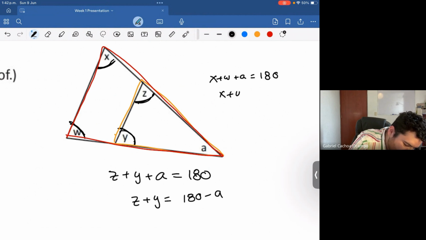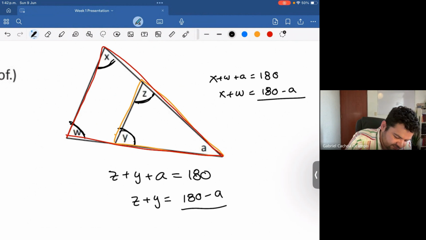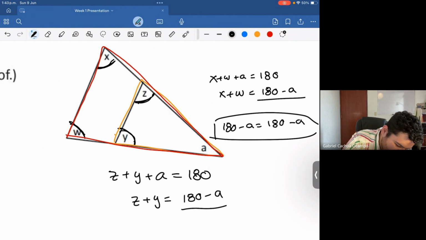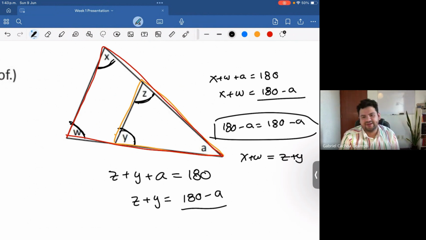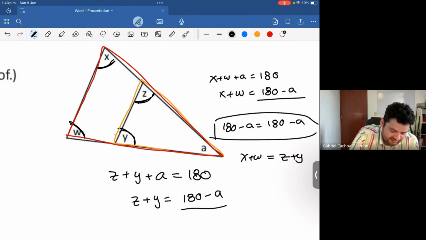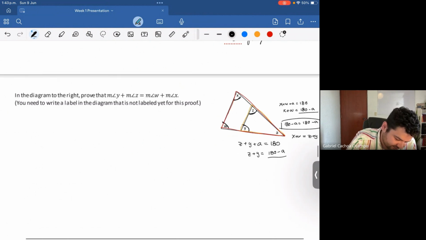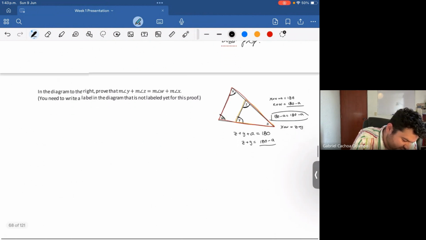So X plus W equals 180 minus A. Because this is the same as this, 180 minus A equals 180 minus A. That is a reflexive property. And then X plus W equals C plus Y because of the substitution property.